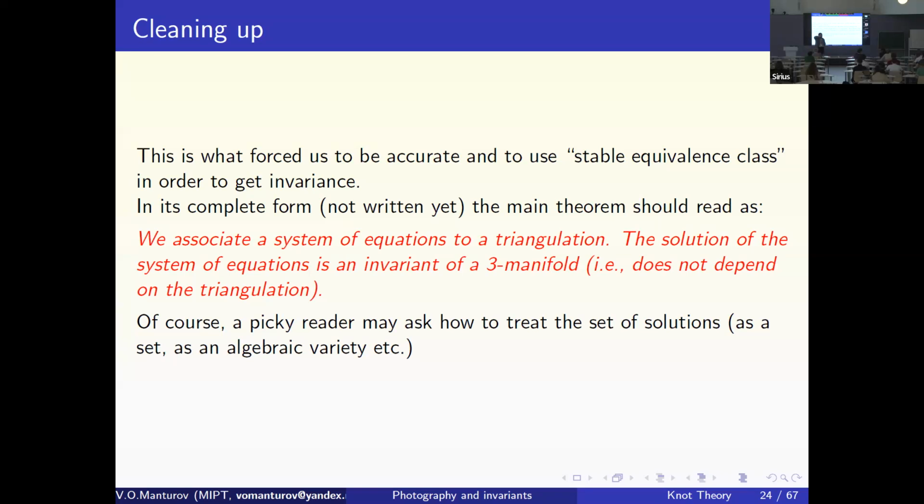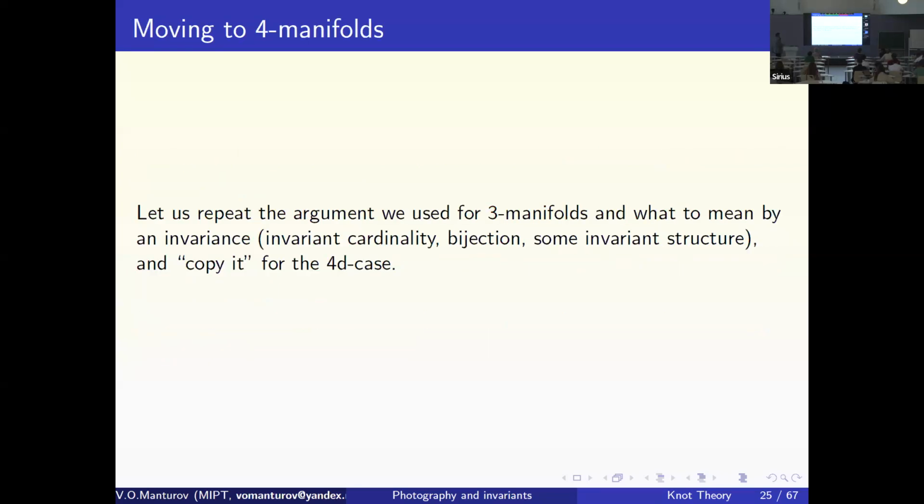We will get more degrees of freedom, but these degrees of freedom are somewhat tame. So we can see that more or less the system of equations will get stabilized, and the algebraic manifolds will not change drastically. Okay, so that's why we get invariance of 3-manifolds.